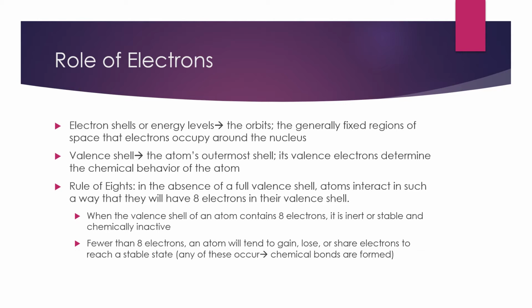In the absence of a full valence shell, atoms interact in such a way that they will have 8 electrons in their valence shell. When the valence shell of an atom contains 8 electrons, it is inert or stable and chemically inactive. With fewer than 8 electrons, an atom will tend to gain, lose, or share electrons to reach a stable state. Any of these occur and chemical bonds are formed.